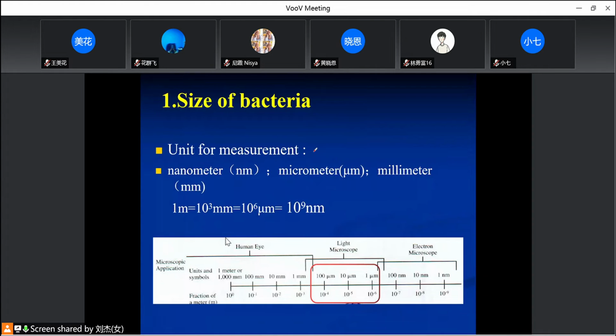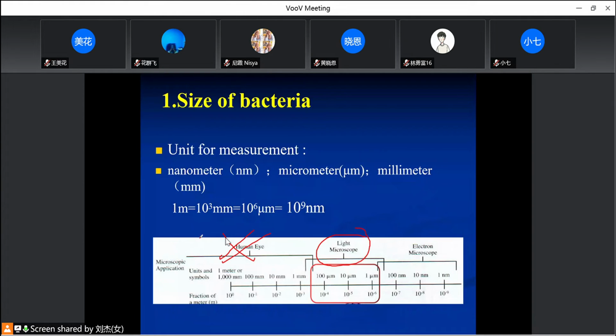It means, is it a large one or a small one? As we have learned in the first class, bacteria can only be seen under the microscope, which means you cannot see them with your naked eyes.